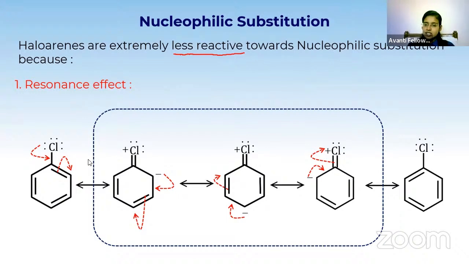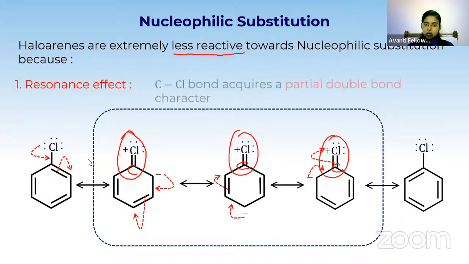In the middle 3 structures, the carbon and chlorine take on partial double bond character. Carbon-chlorine possesses partial double bond character. In the first structure, the C-Cl bond is a single bond, but in all other cases, it is a double bond.